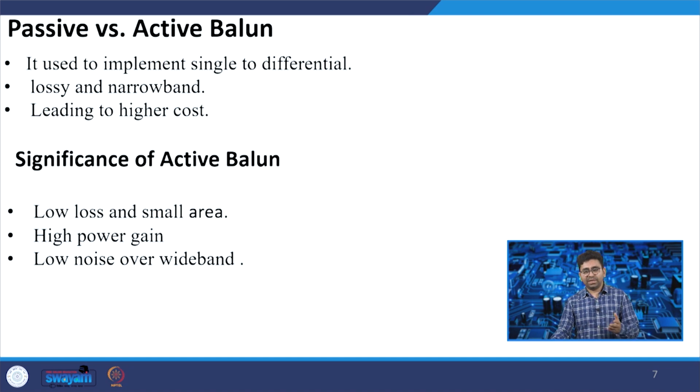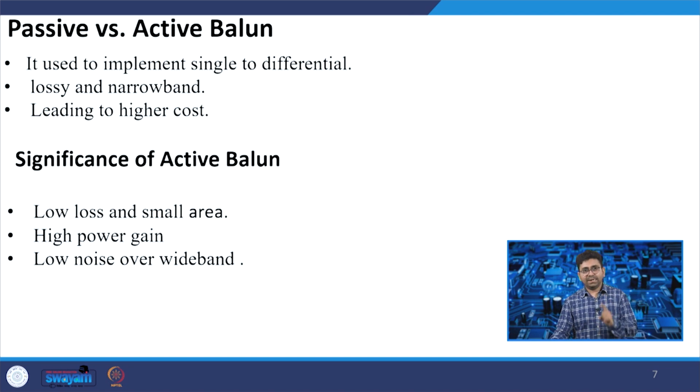If you are using inductors or capacitors to design a balun or a transformer, it will take too much size on chip. So, that is why passive baluns are not that widely used.